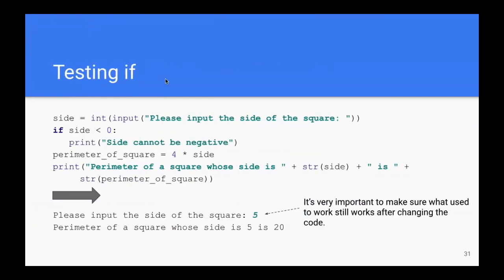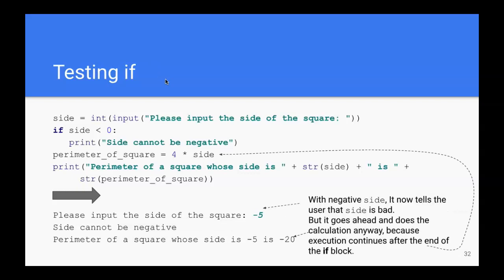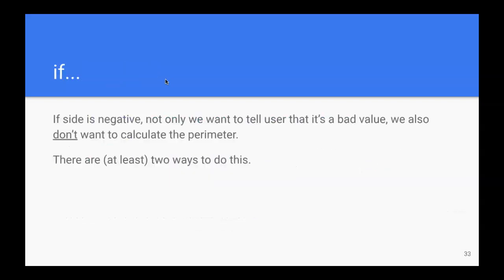Okay, so we have to fix it such that if the side is negative, not only do we tell the user that it's wrong, but we also should not calculate the perimeter. And there are multiple ways to do this. I can think of at least 2.